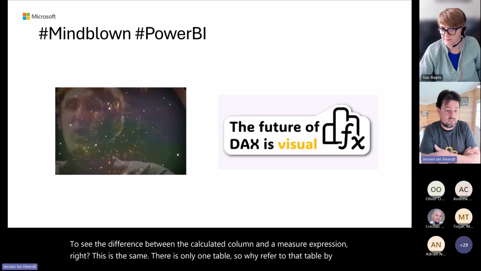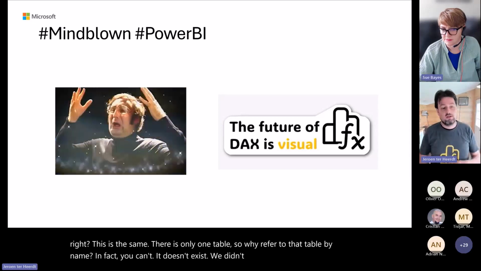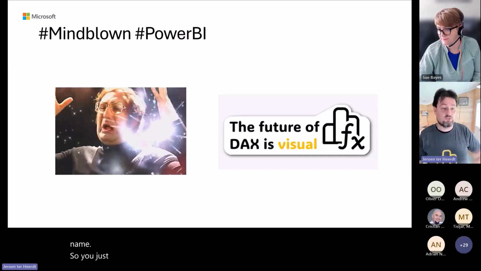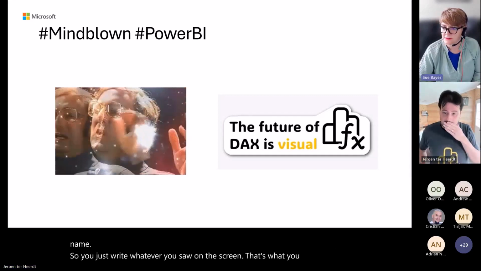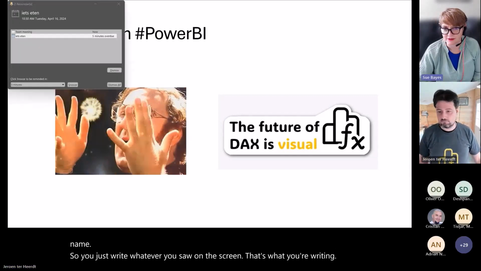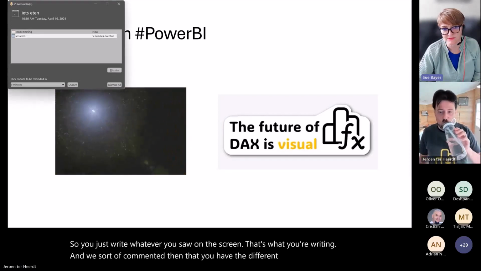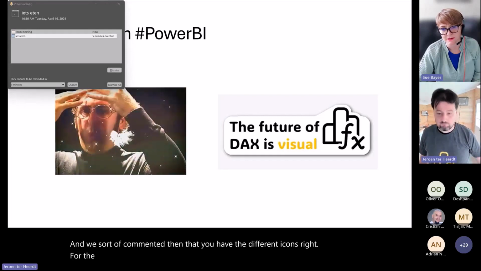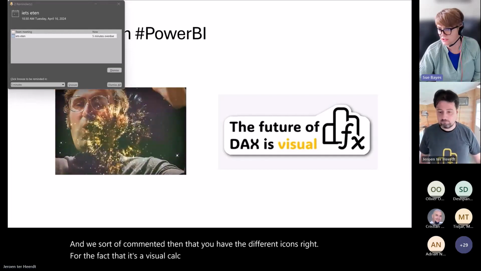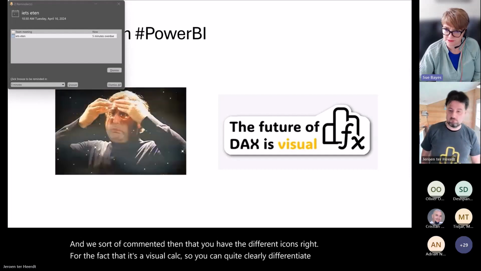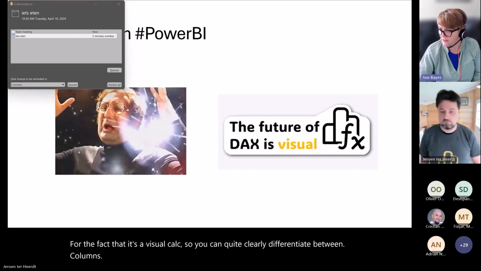It doesn't exist. We don't tell you the table name. So you just write whatever you saw on the screen. That's what you write. And we commented then that you have a different icon for the visual calc, so you can quite clearly differentiate between a calculated column, measure, and a visual calc.